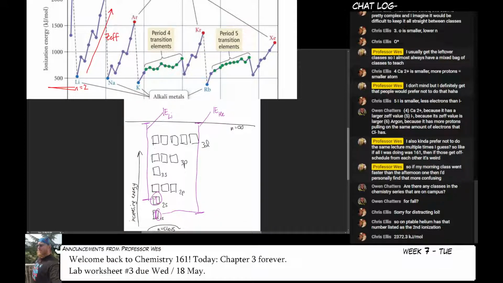And you can see that this distance here, my diagram is a little exaggerated, obviously. Like 2s is way closer to 1s than it really is. But you can see the length of the line that I'm pulling the electron for where helium's last electron would be is longer than the length of the line for lithium. So helium's ionization energy should be larger than that of lithium.